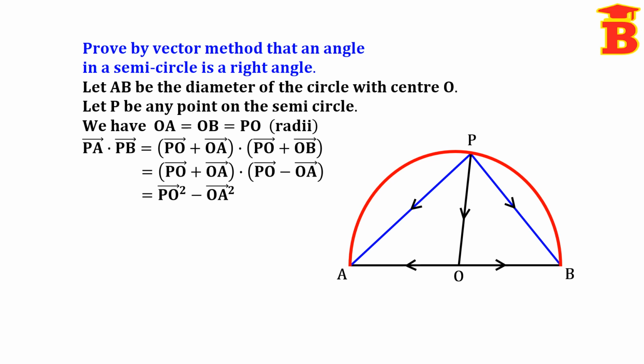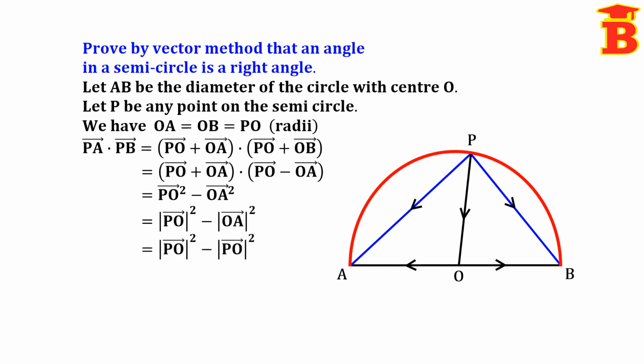So we get PO vector square minus OA vector square. Square means we can consider modulus. So we take modulus PO vector square minus modulus OA vector square. So in the starting itself we mentioned OA, OB, PO are equal. So therefore here this OA vector can be written as PO vector.